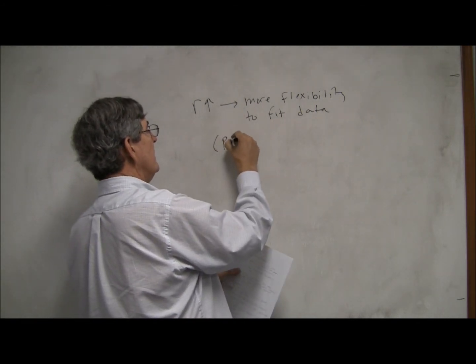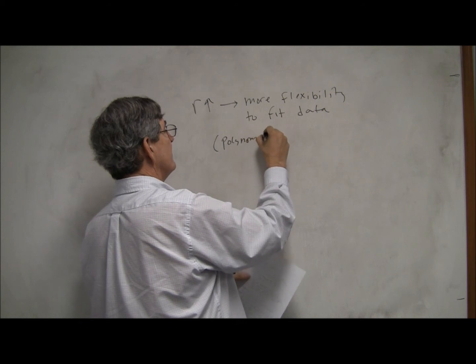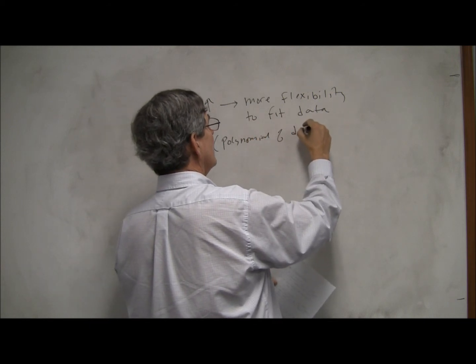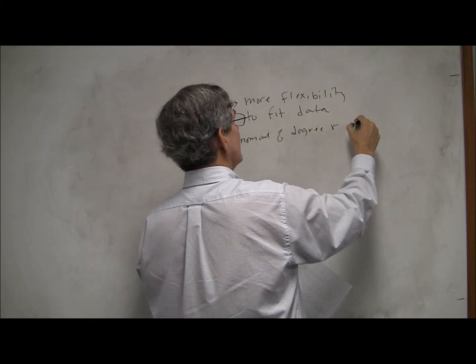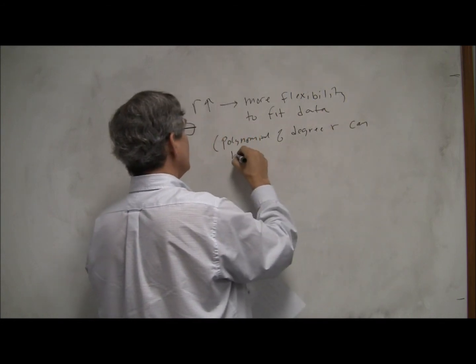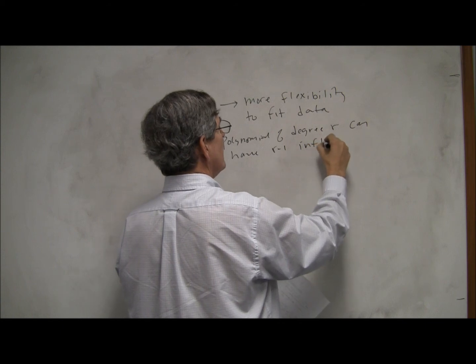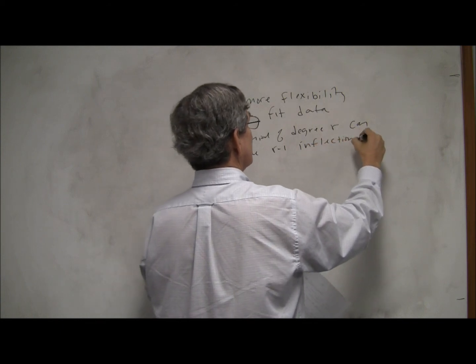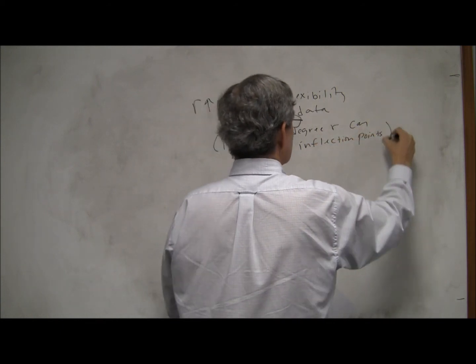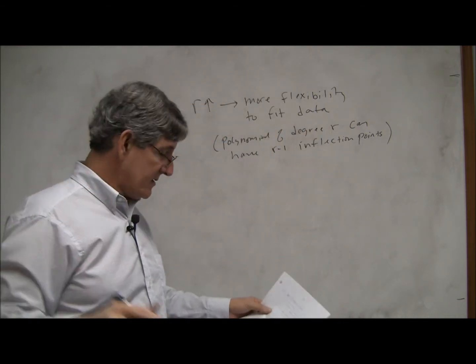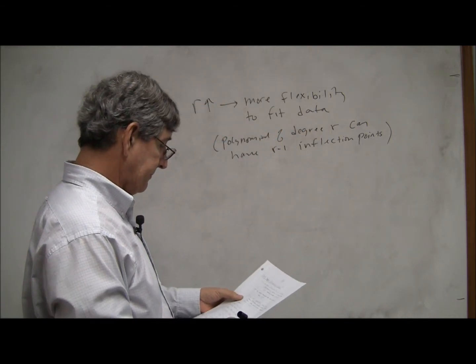So a polynomial of degree r can have r minus 1 inflection points or turning points. You're basically adding more turning points when you add more and more terms.